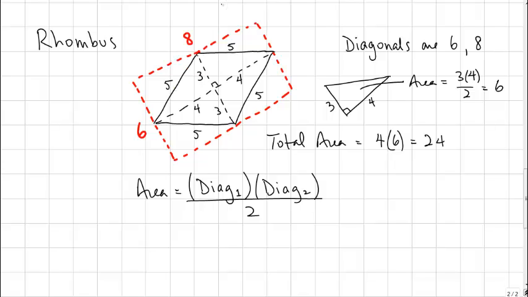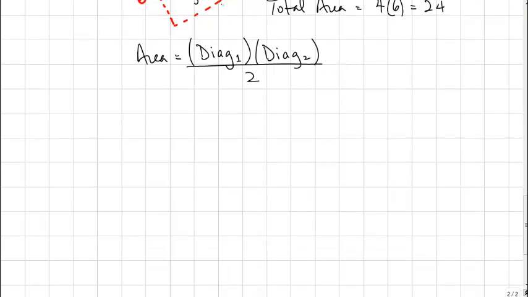Now let's finally take a look at another quadrilateral called a trapezoid. A trapezoid has one pair of parallel sides, so those are referred to as the two bases.